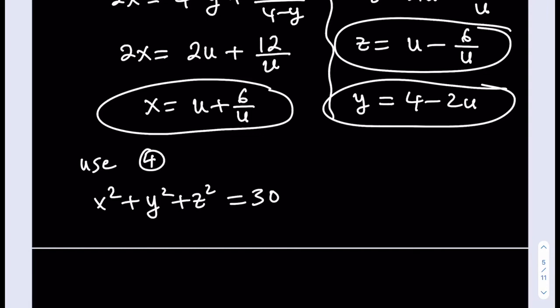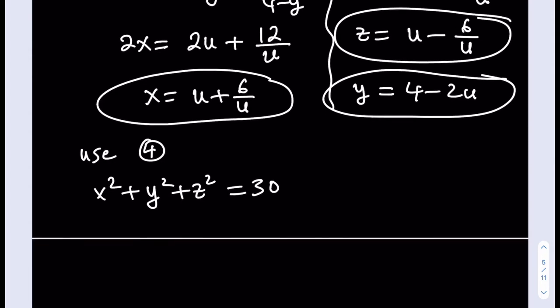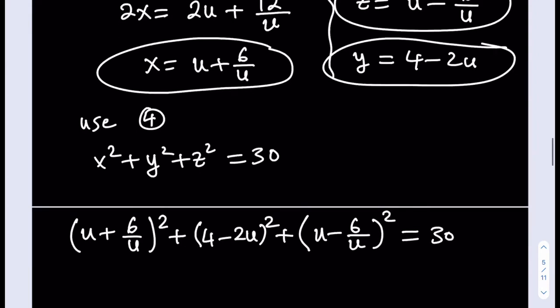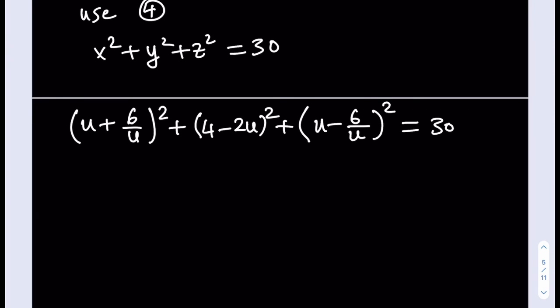Now, what I'm going to do is replace x with u plus 6 over u, squared. Y will be replaced with a simpler expression, 4 minus 2u, and z will be similar to x, but it's just going to be the minus version. Okay, and all of this is equal to 30. Now, I'm just going to expand it and try to get a good equation from here.